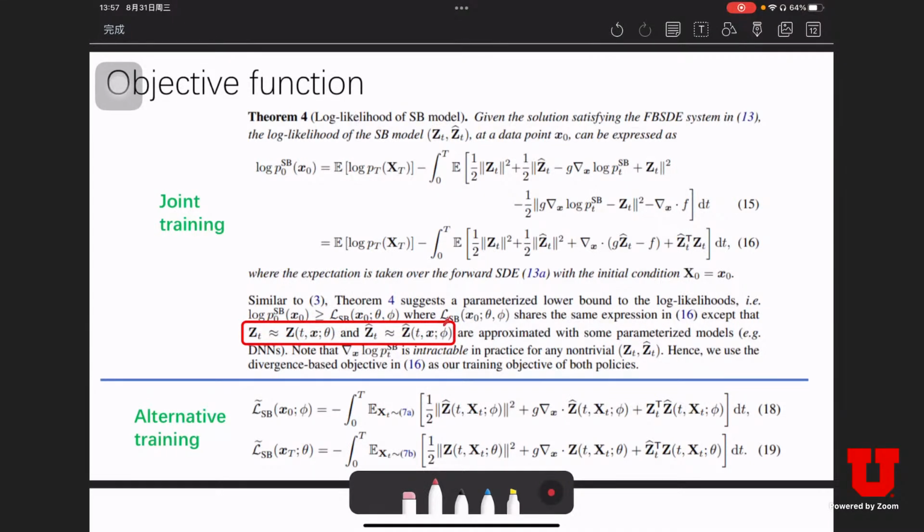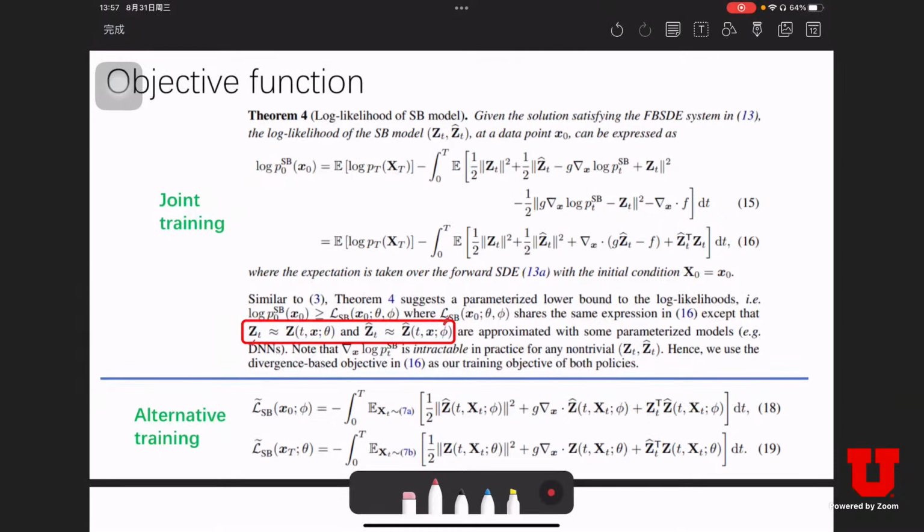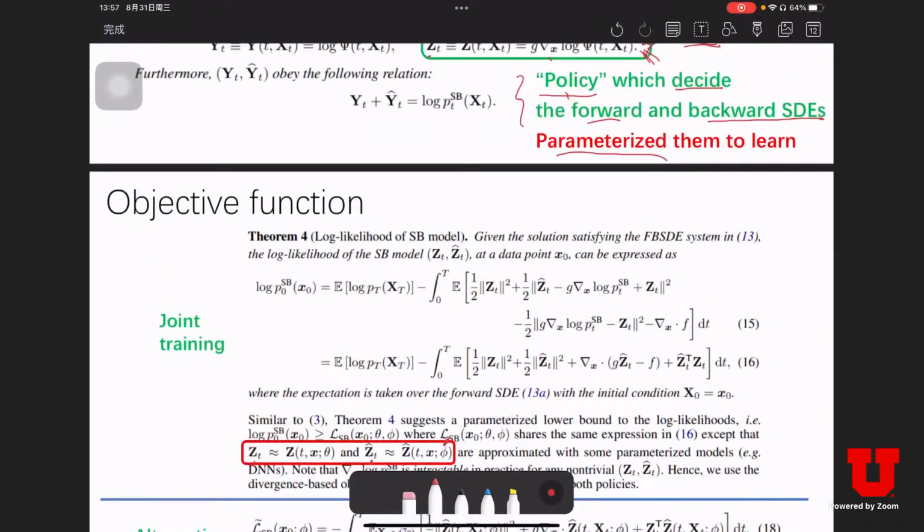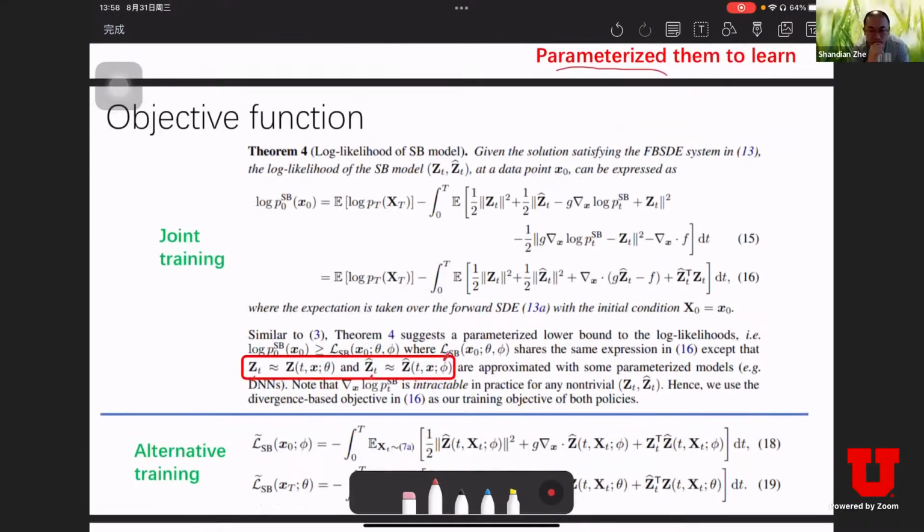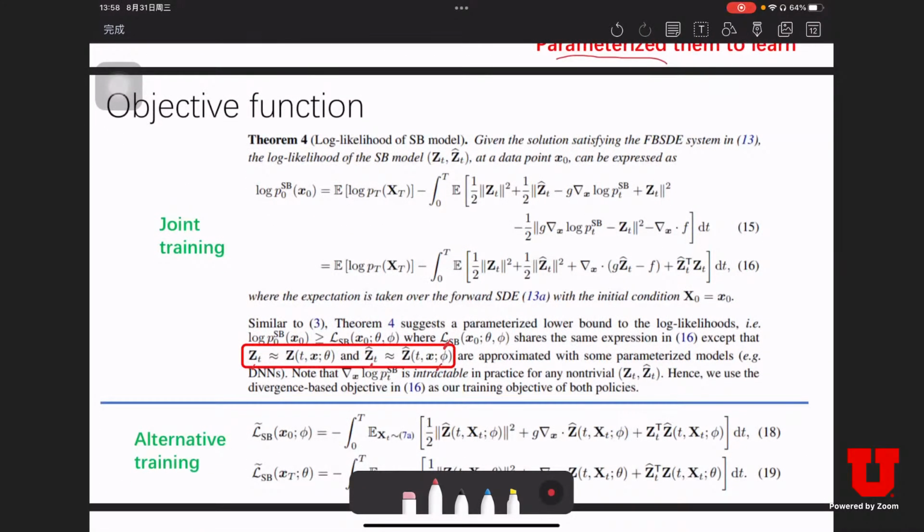But first look at the variables. We want to parameterize Z_t and Z hat t. The definition is given here, because given the parameterized Z_t and Z hat t, we get the analytic forward and backward SDE. And how do we train these two networks, the score or policy networks? One way is to train them jointly. The formula is given here.